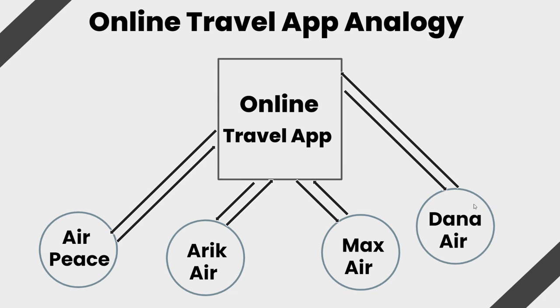But you can't start going through each of these websites to know the flights that are going to where you're going. With this online travel app, a person could create it and connect to the APIs of each of these airlines.